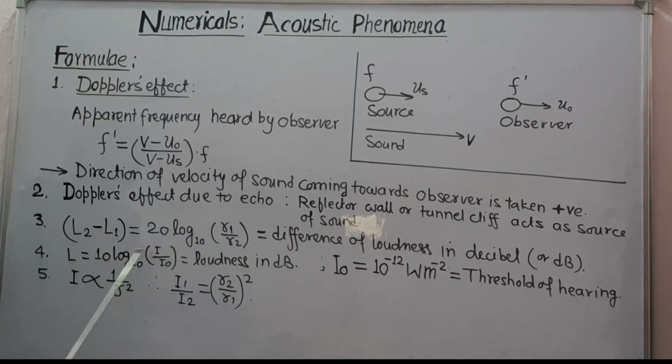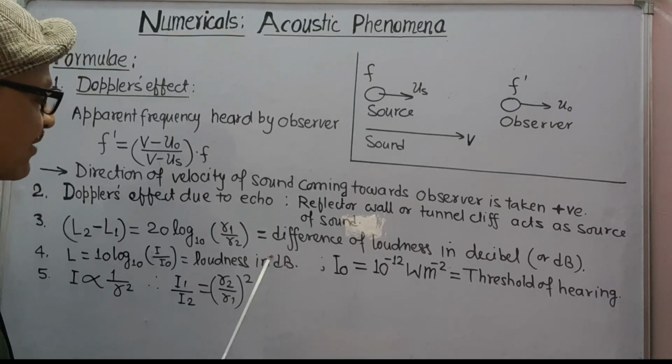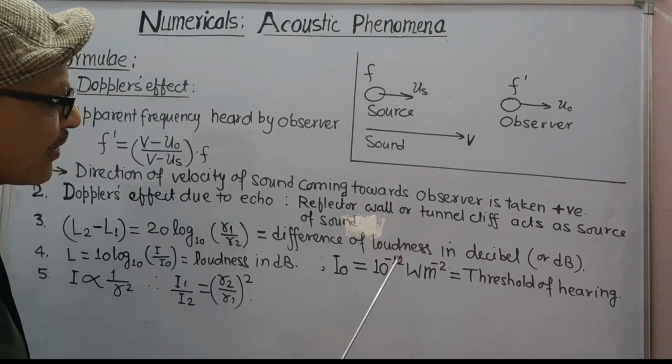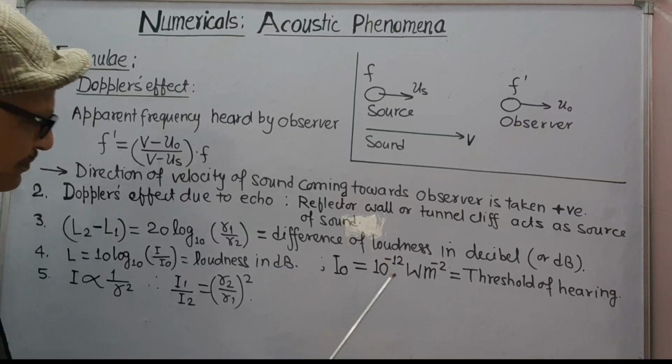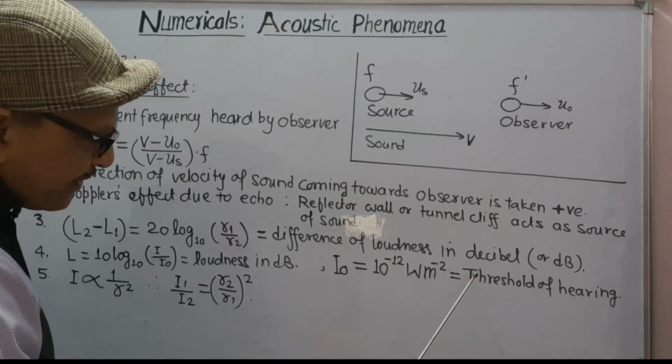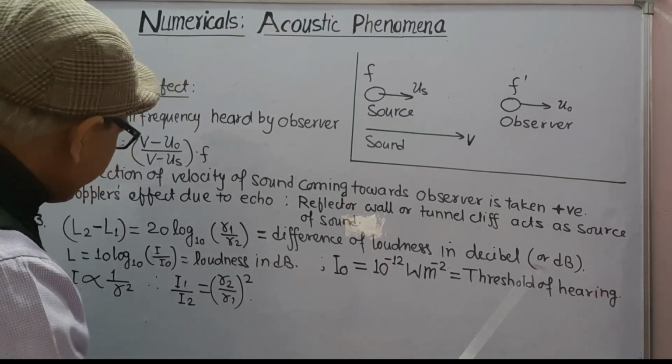Loudness of sound in decibel is given by the relation L is equal to 10 log base 10 I upon I naught, where I naught is equal to 10 to the minus 12 watt per meter square, which is the threshold of hearing.